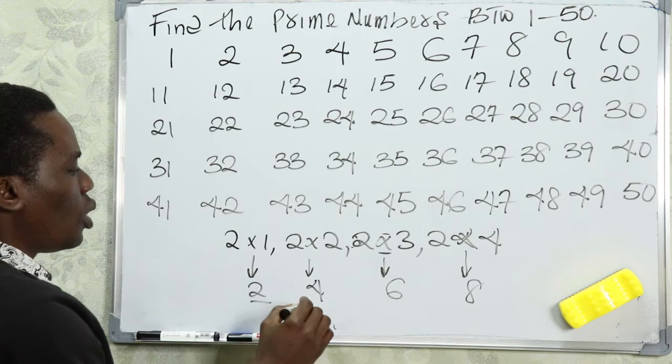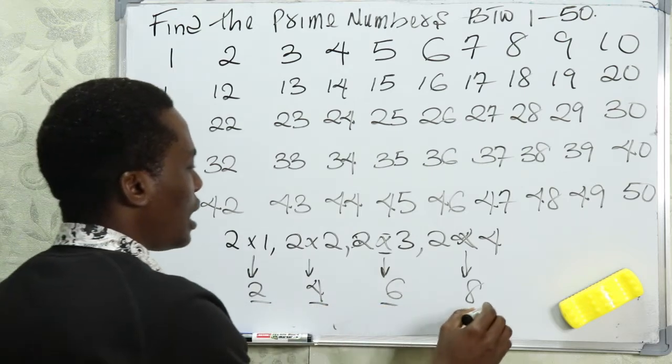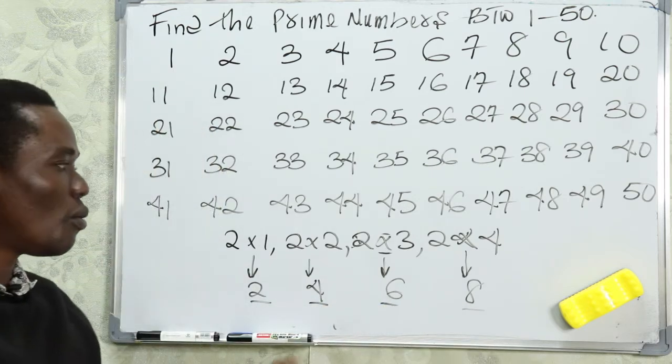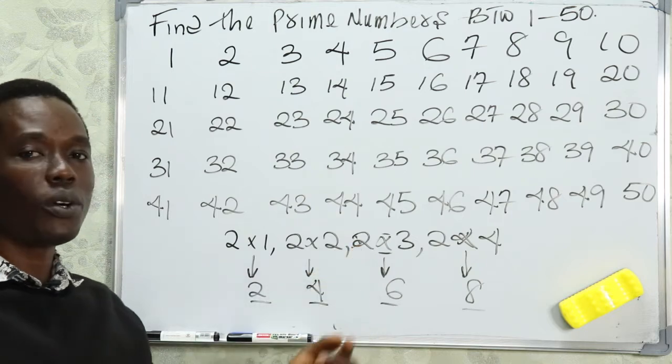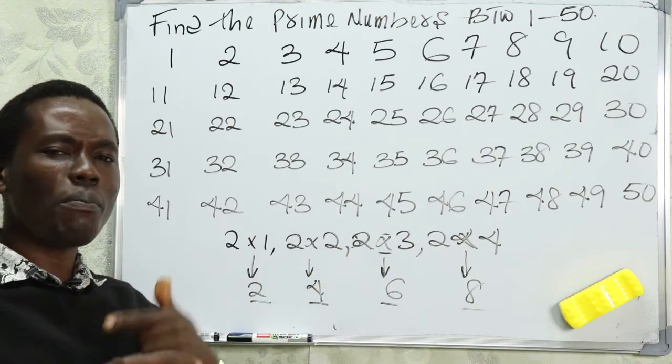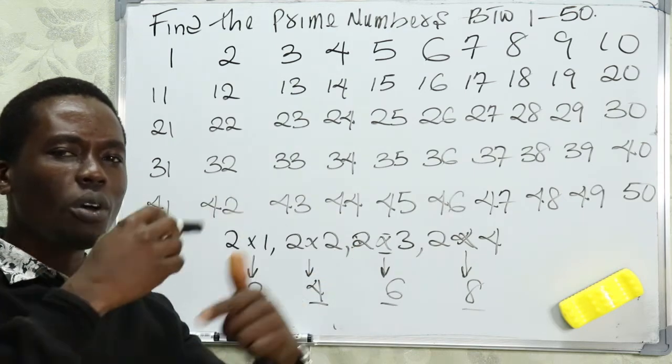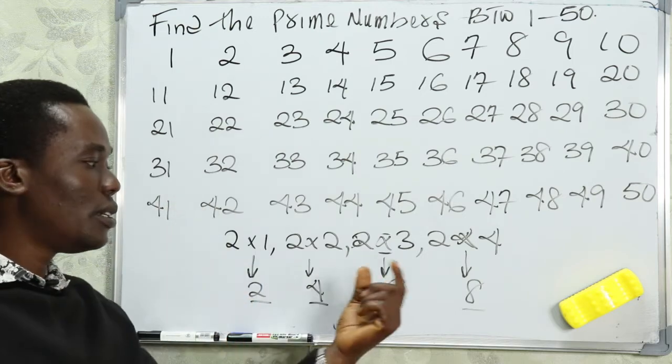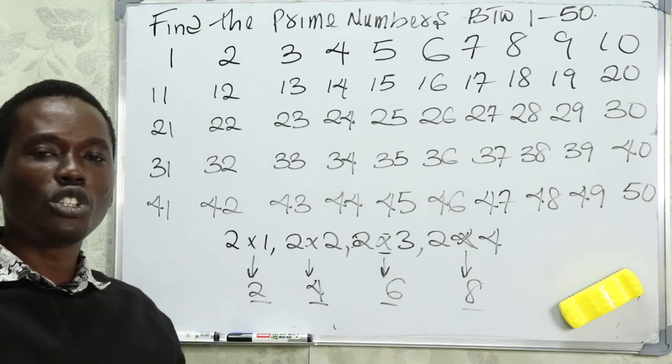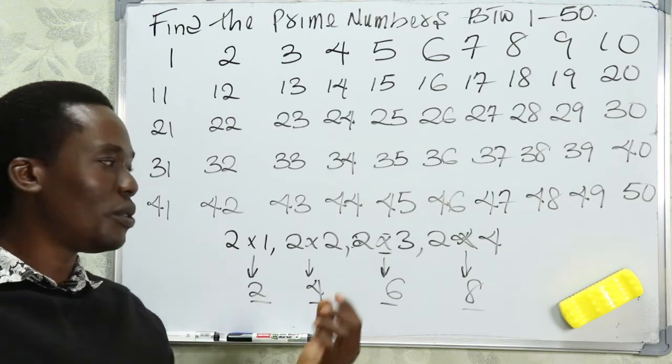Now, 2, 4, 6 and 8 are multiples of 2. Why? Because if I keep multiplying 2 by numbers from 1 to infinity, the results continue to be multiples of 2.